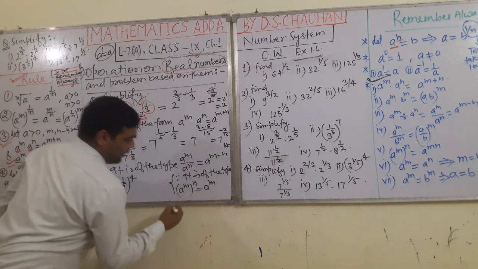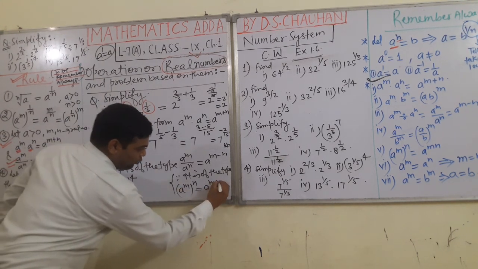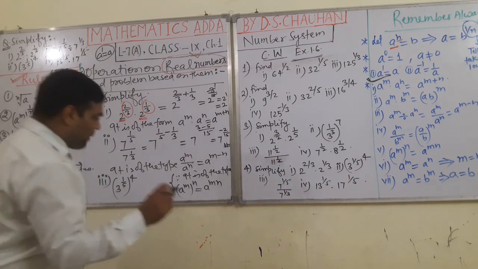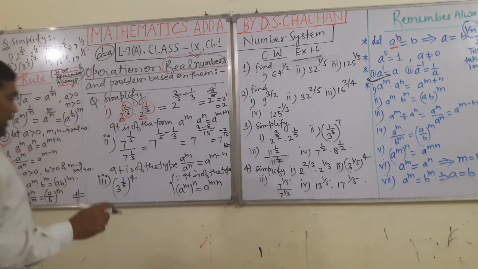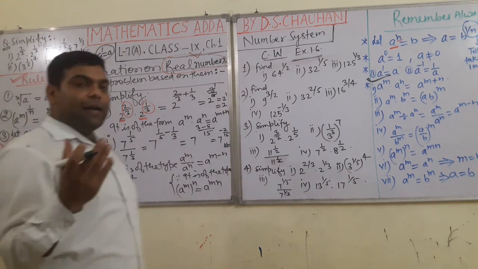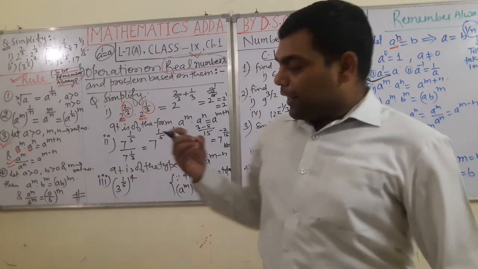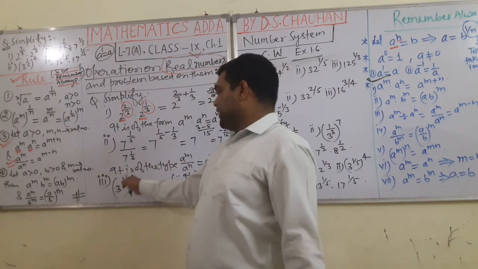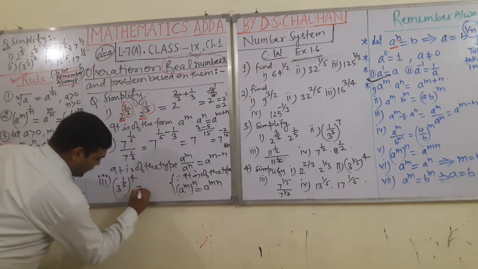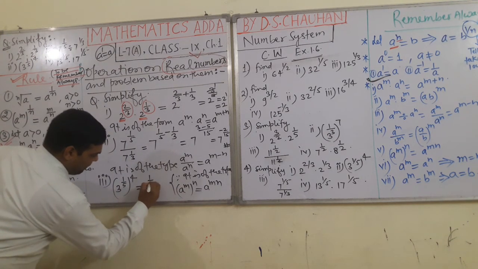What will it be? A to the power mn. Power to the power, there will be the product of the powers over the same base. Here a is a positive number and m and n are rational numbers. See, 4 is a rational number, 1 by 5 is also rational. So we note down 3 to the power 1 by 5 into 4.